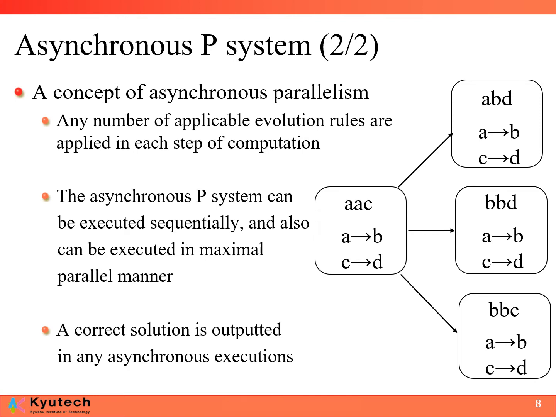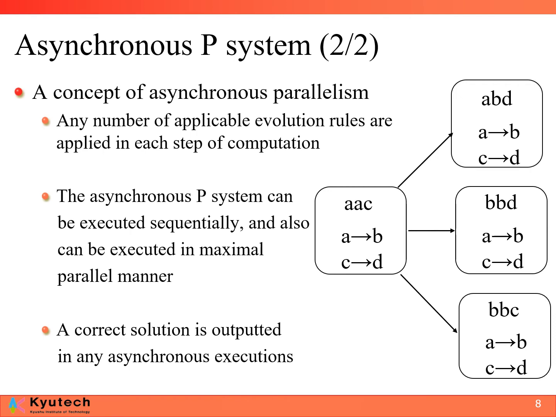In the asynchronous P system, any number of applicable evolution rules are applied in each step of computation. So the asynchronous P system can be executed sequentially and also can be executed in maximal parallel manner. Now, let us consider the same example for the asynchronous P system.